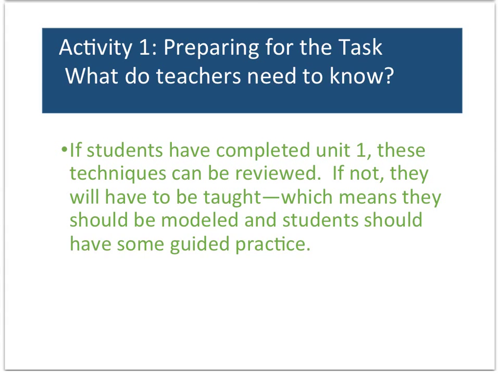If not, you're going to have to teach them, which means you will take a document and model the process with them, and then guide students through the process as a whole class before letting them do some independent practice and give them feedback.